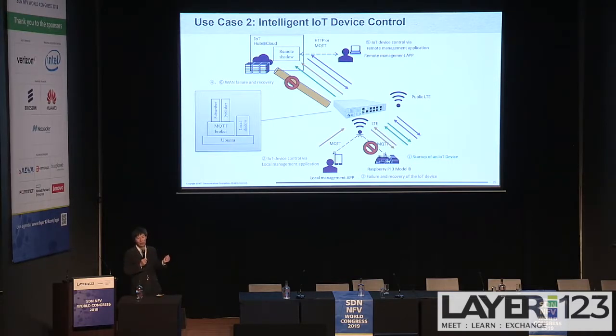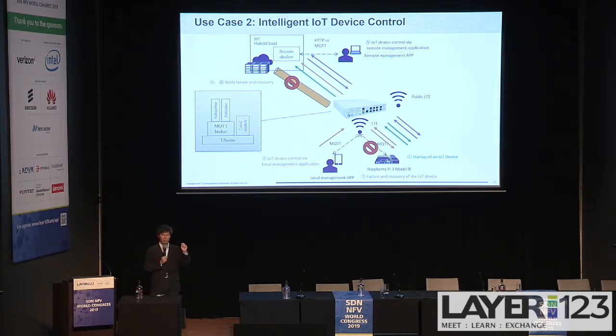But after the recovery of the WAN link, the status of those IoT devices will be automatically synced to the cloud. So in this way, no matter whether the WAN link is cut or not, it can always be synchronized in an automatic way. Last but not least is the IoT device control application, which can even be located in a remote place.